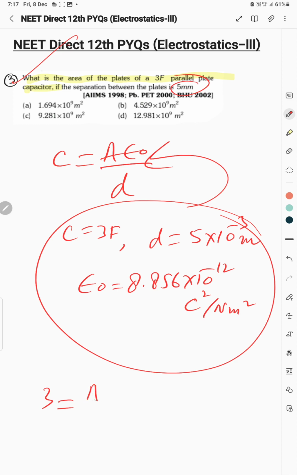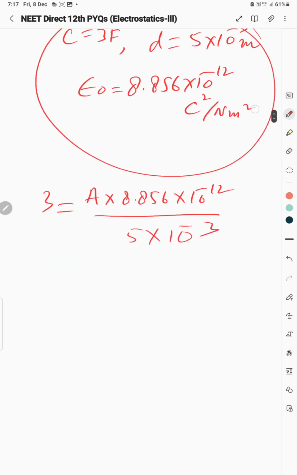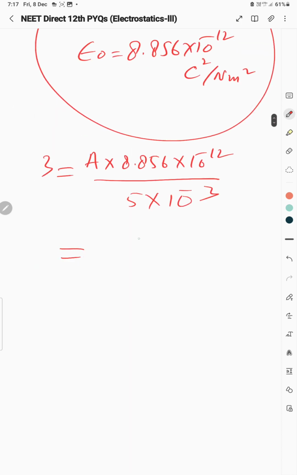3 equal to A, which is unknown, then you have 8.856 into 10 power minus 12 divided by distance, which is 5 into 10 power minus 3. Okay. On simplification, let's see what we get. If I keep A on one side and shift everything to the other side, what do I get?